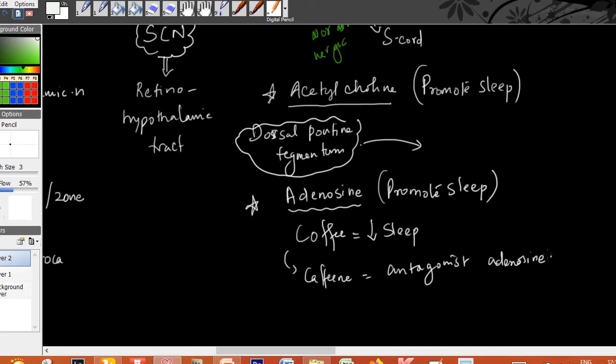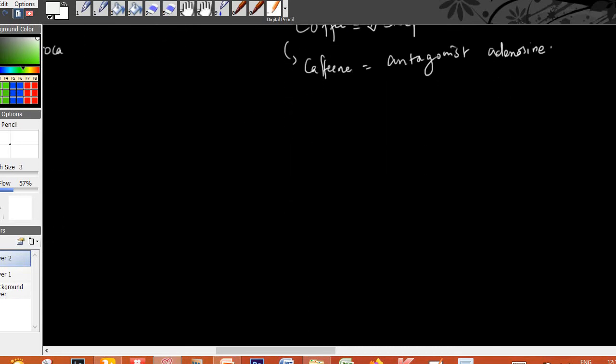The last chemical to discuss in this group is the prostaglandins, PG. We have two prostaglandins in this group which are worth noting. One is PGD2.